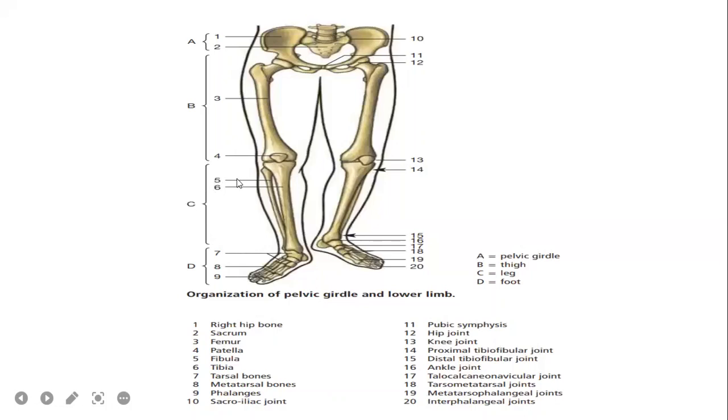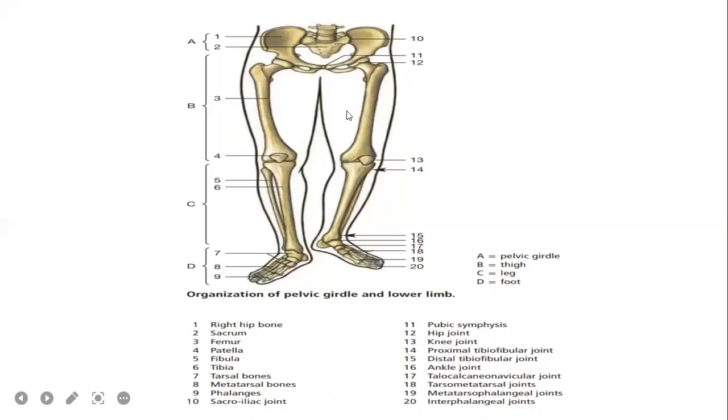According to strict anatomical description, it's known as the leg. The bones of the leg include the fibula, labeled as 5, and 6, we have the tibia. And finally, the part labeled as D, we have the tarsal bones, the metatarsals, and the phalanges labeled as 9.